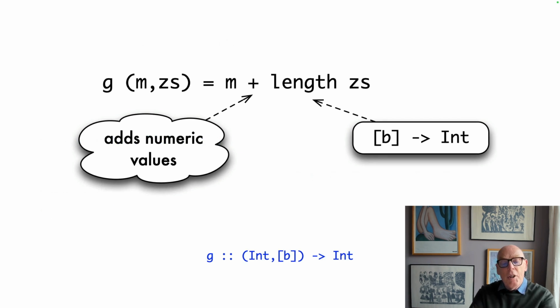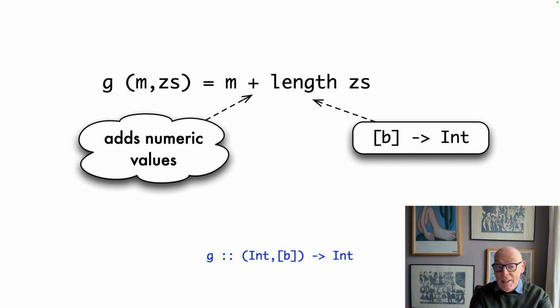Now what about a function G that takes a pair of things and returns the sum of the value on the left and the length of z's? So what can we deduce from this? Well, length returns an int. So if the thing on the right of the plus is an int, the thing on the left will need to be an int.